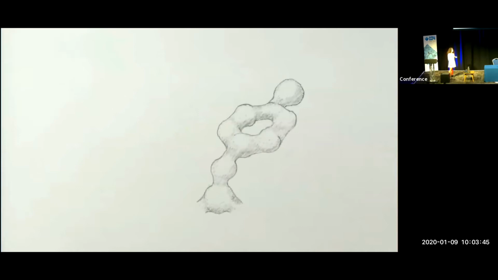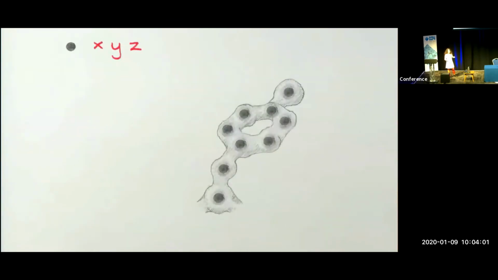refinement. So if we have some electron density, we can place atoms at specific x, y, z coordinates in three-dimensional space. And each one of these atom positions actually represents a range of possible atom positions where the atom could be found. And we describe this using a Gaussian distribution, the width of which is denoted by the B factor.